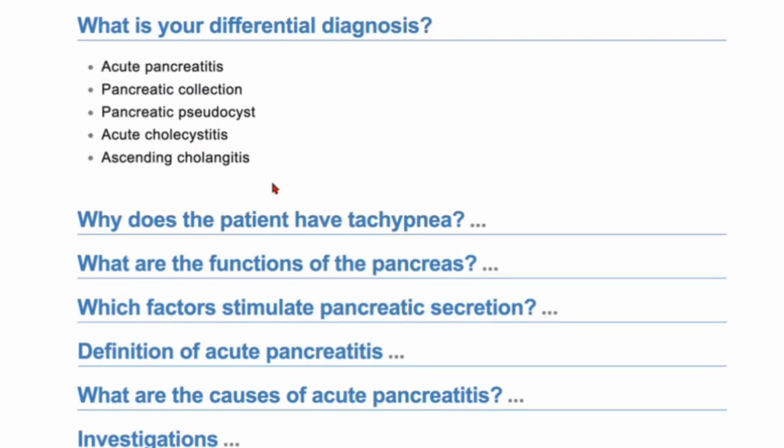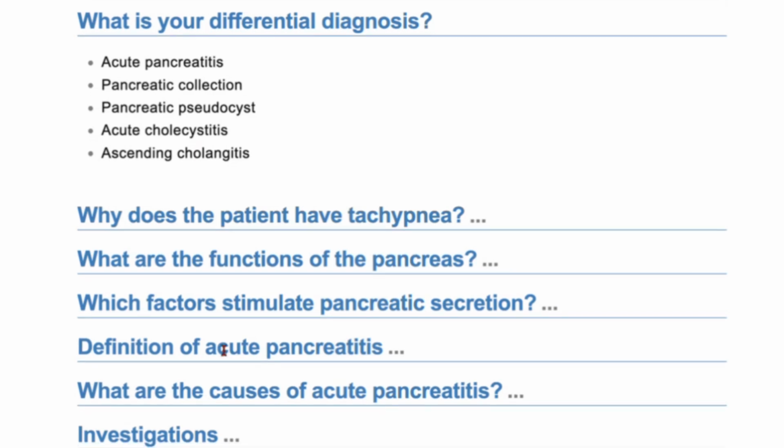The patient has tachypnea because pancreatitis can cause acute respiratory distress syndrome. There might be a secondary cause, such as abdominal pain. The patient might be septic due to acute cholecystitis causing gallstone pancreatitis, and also the pressure from the capsular structure of the pseudocyst.